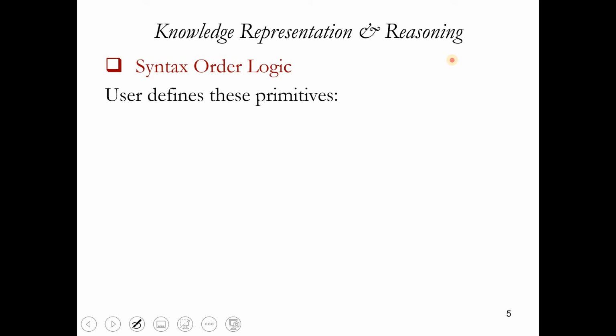Some things are provided by the user, and some things are given by the language. In this case, the language is first order logic. So what does the user provide? The user provides primitives, meaning basic things.